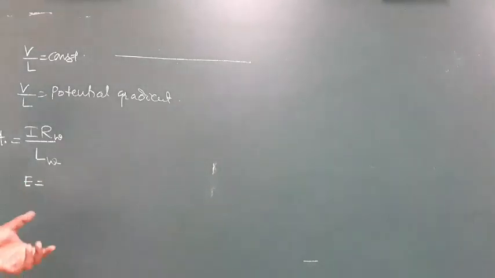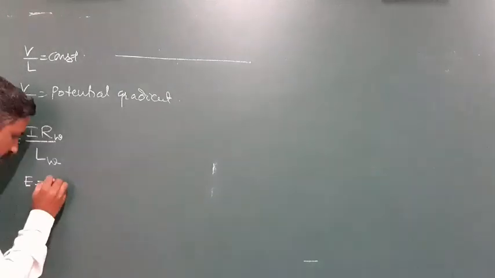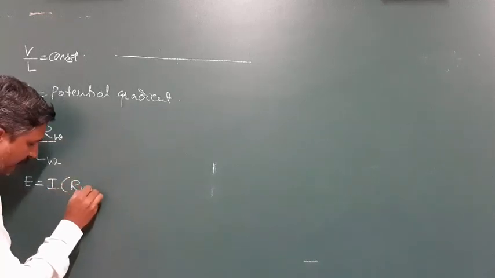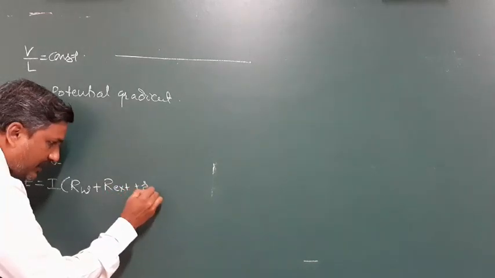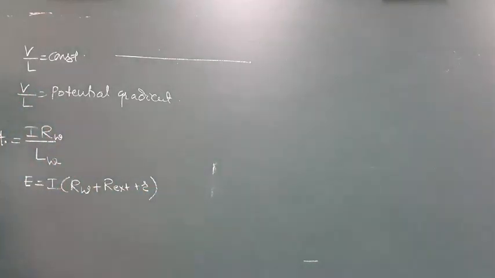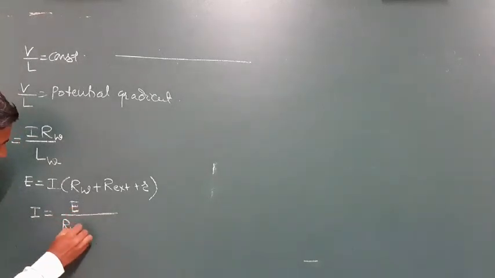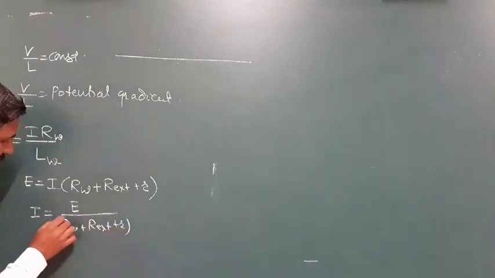If the cell or battery is given, then its EMF is given, and the EMF of the cell is current multiplied by resistance of wire plus external resistance plus small r, my internal resistance of the cell. From this, current is given by E divided by resistance of wire plus external resistance plus internal resistance.